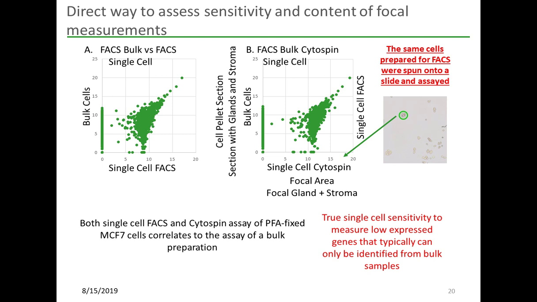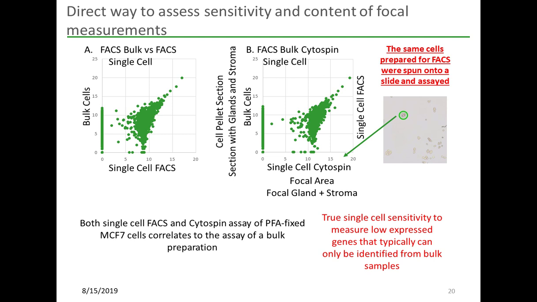In this case, you see that the bulk cells correlate very highly to the single cell by fluorescence activated cell sorting, and you can see low expressed genes at the single cell level that are in the bulk sample as well. So you can basically see every gene, but there is stochastic expression. Some genes are not expressed at the instant that these cells were fixed for assay. Minutes later, those genes may be expressed and other genes may be off.